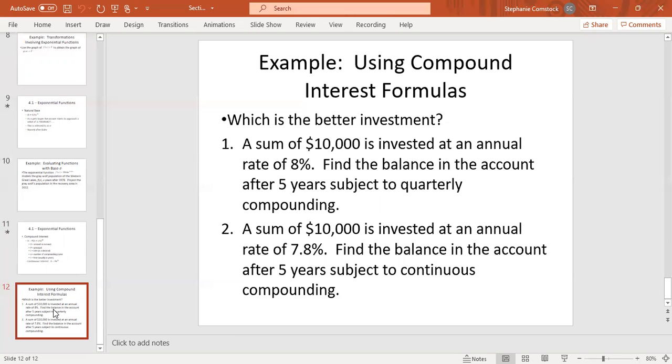Now, for the other one, for B, we're still doing our $10,000. Our rate is 7.8%. Time is still 5, but it says we're doing continuous interest.